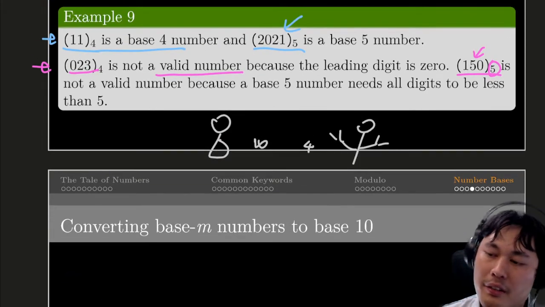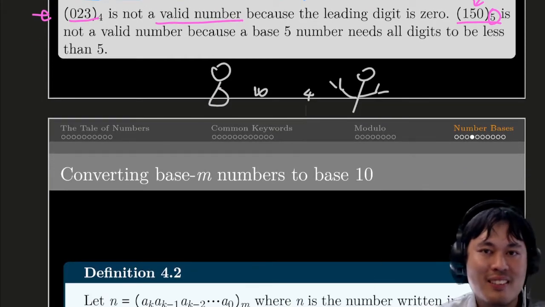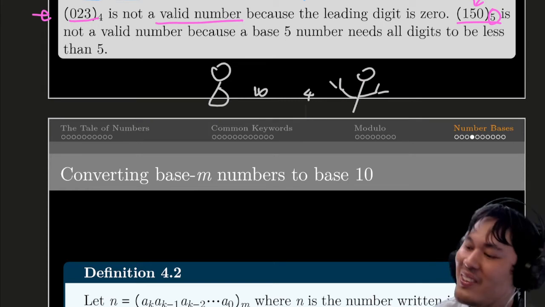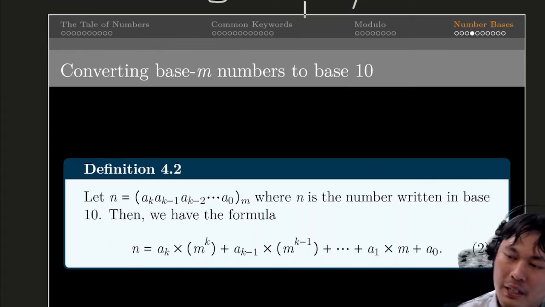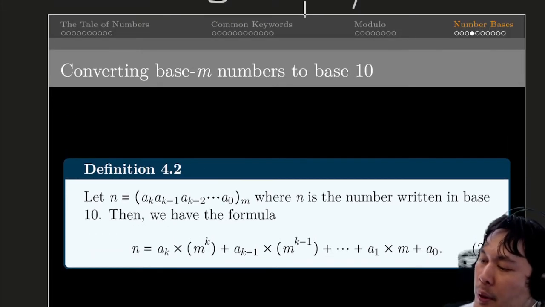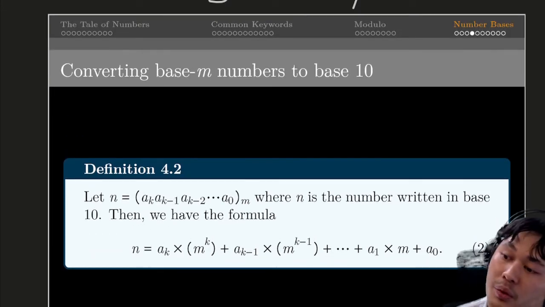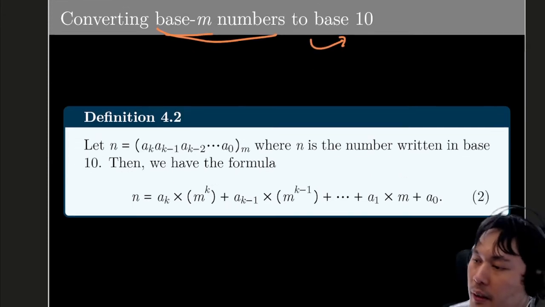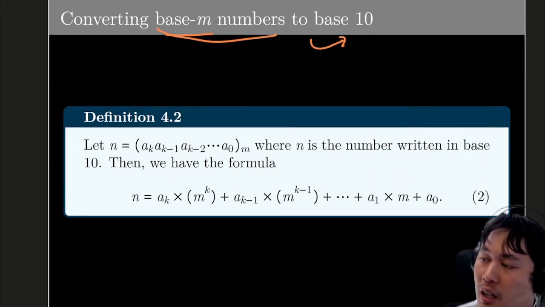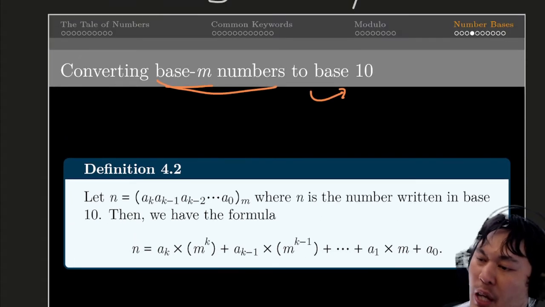Well, the first answer is calculator, computer, whatever you have. But there's a way to convert numbers back and forth. The easy way is to convert a number in base m, any base, to base 10. As we saw above, let's say it's base 5.